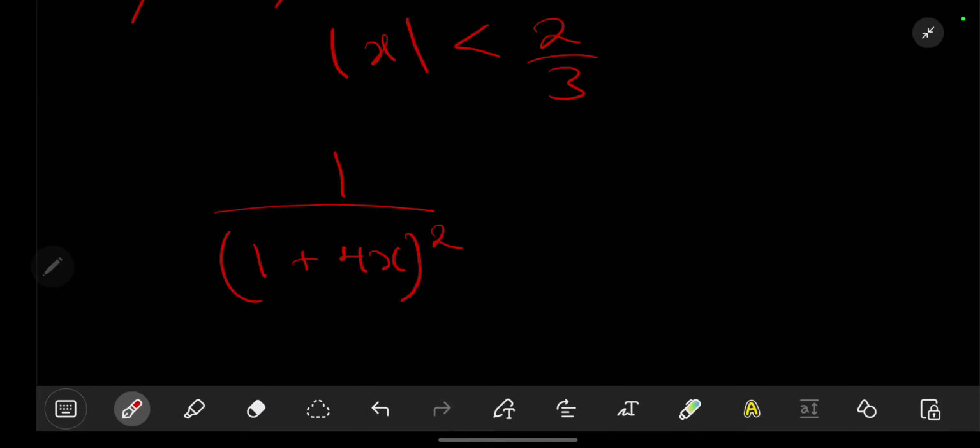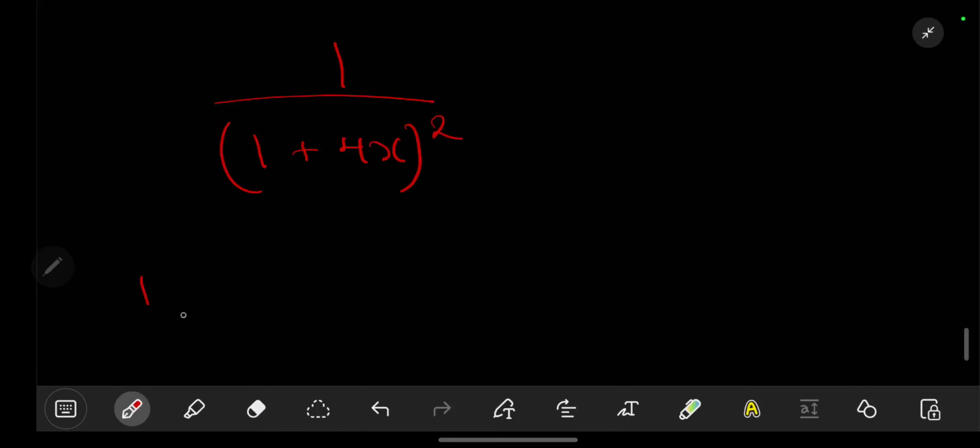Let's look at our last one. So this one is 1 plus 4x to the power of negative 2.